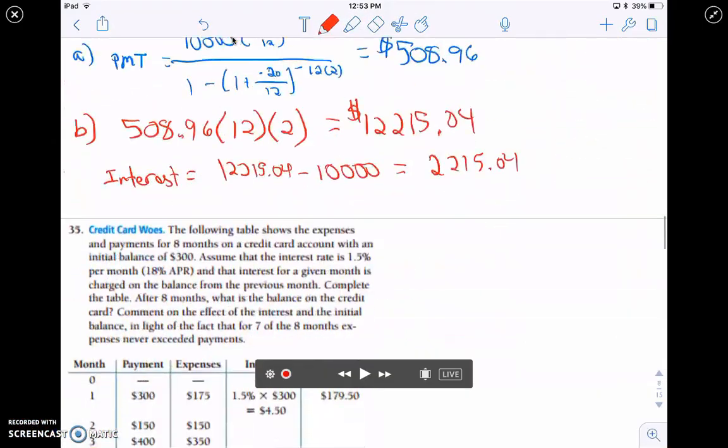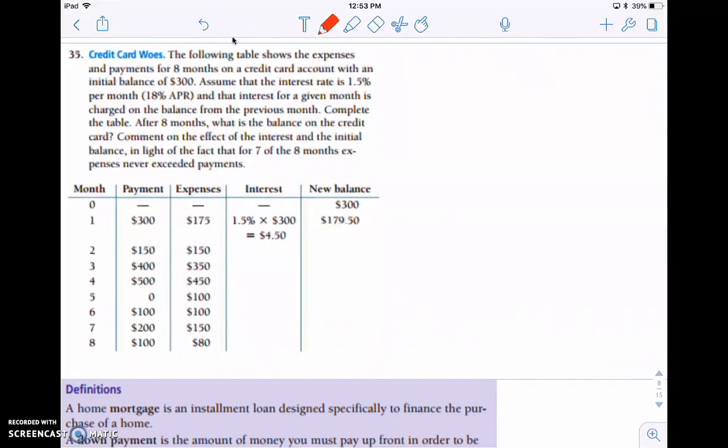Okay, now we're going to be looking at this question right here. It's entitled "The Credit Card Woes," and one of the reasons is credit cards carry an extremely high APR. The following table shows the expenses and payments for 8 months on a credit card account with an initial balance of $300. So there's our principal balance.